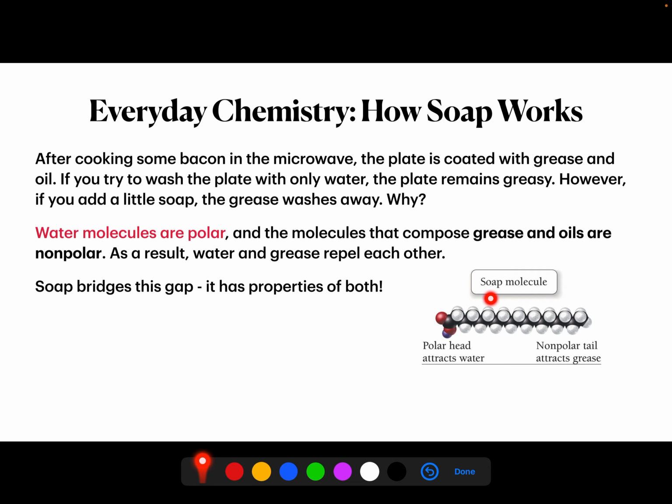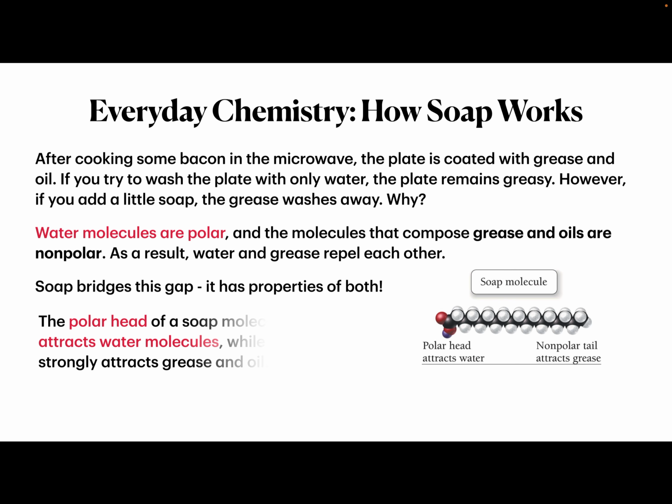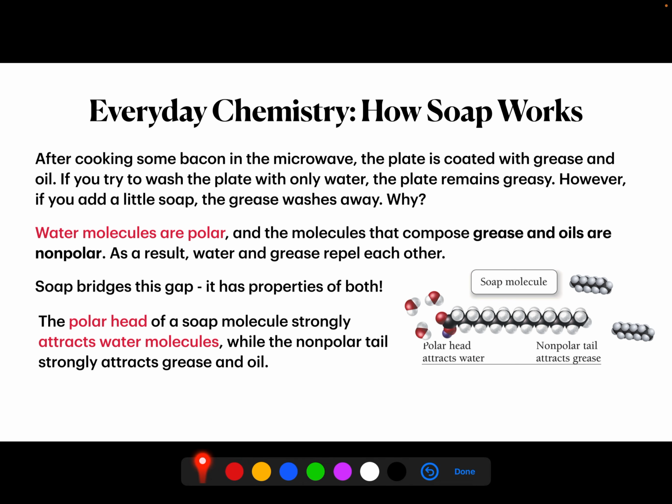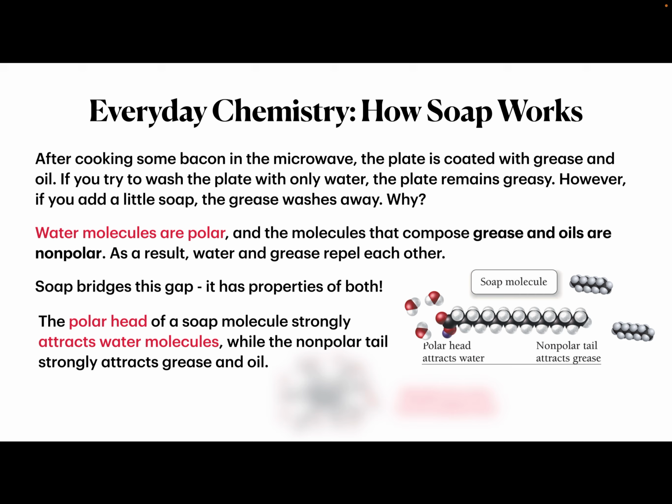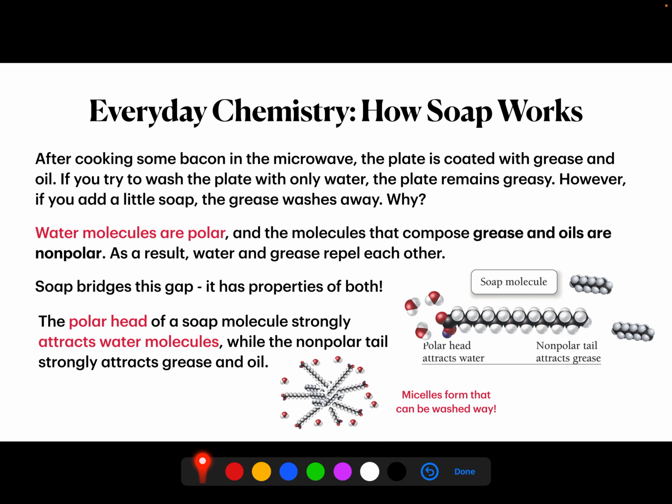It has a nonpolar tail that attracts the grease and oil, and a polar end that attracts the water. The polar head of the soap molecule strongly attracts water molecules, while the nonpolar tail strongly attracts grease and oil. And it's going to form these little structures that we call micelles.